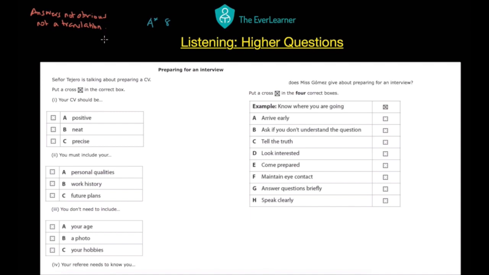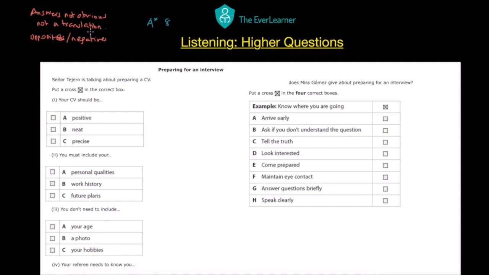Now, the other thing we need to bear in mind, remember the use of opposites and negatives. Okay, opposites and negatives.